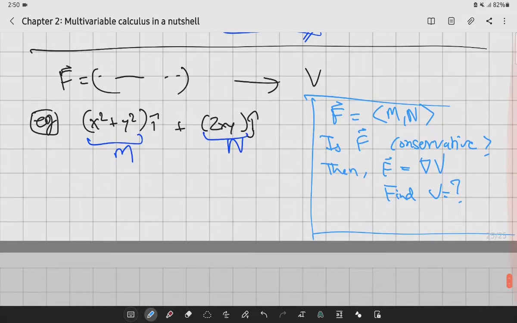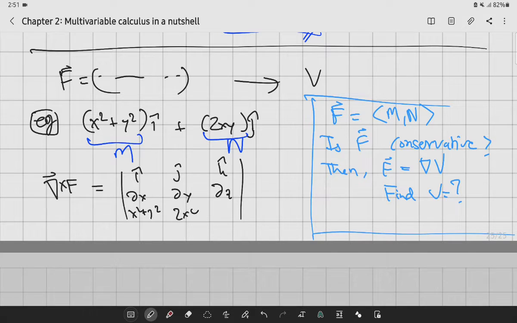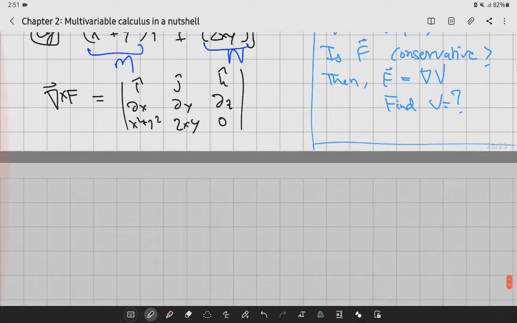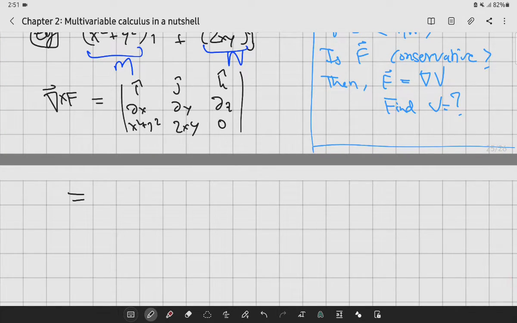First thing that you have to do, as usual, is find the curl of F. Let's do this quickly. We have curl of F, the i-th component 0 minus 0, the j-th component again 0, and again there is no z in here, so this is again 0.